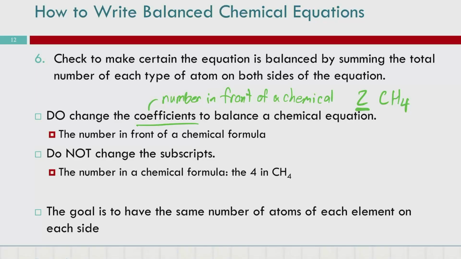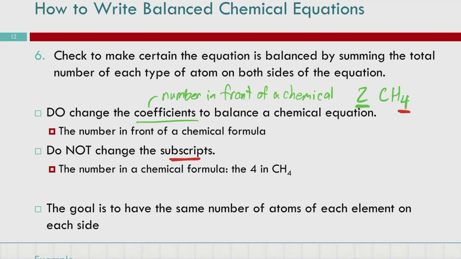The 2 would be a coefficient. Do not change the subscripts, like the 4 in the CH4. If you change the 4 in CH4, it becomes a different chemical. And our overall goal is we have the same number of atoms of each element, same number of carbons on the left and the right, same number of oxygens on the left and the right, same number of hydrogens on the left and the right, whatever elements we have.